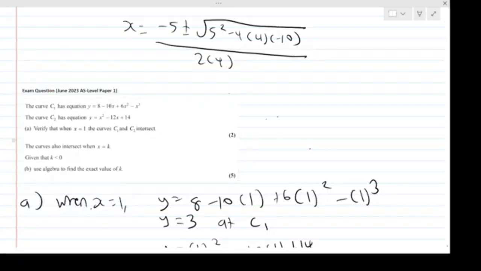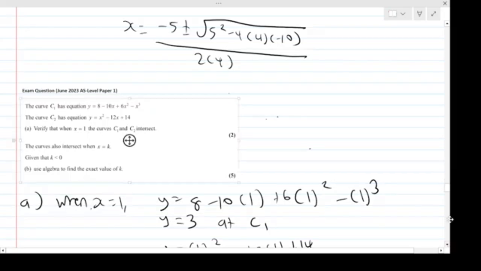Now, when you equate them, you might get a cubic or something like that, but then you might need to use the factor theorem to factorise and break down the cubic into factors you can solve, to find all the solutions and points where they intersect, like we did here. So this x is 1 allowed us to consider the factor x minus 1 when we equate the two together, to allow us to solve and find all the roots in that case.